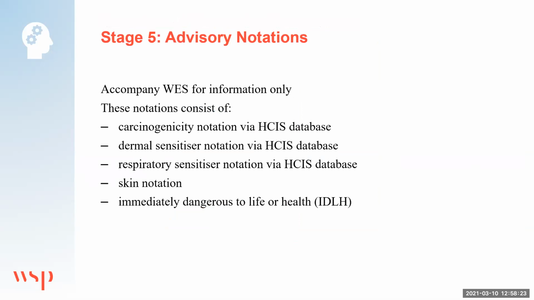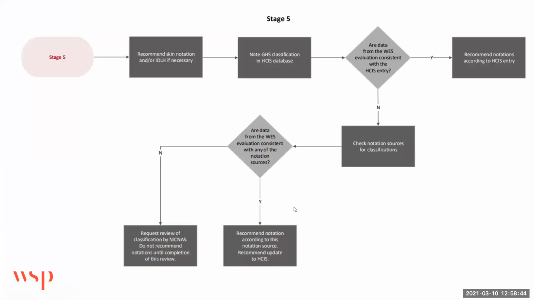The difference with the GHS carcinogenicity is that categories 1 and 2, according to the GHS, did not specifically differentiate between genotoxic and non-genotoxic carcinogens. We also had to assign skin notations where possible, and the new immediately dangerous to life or health notation.